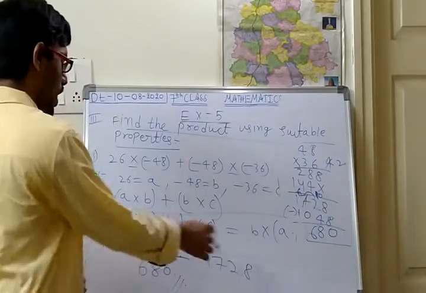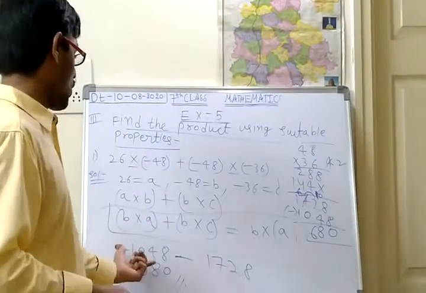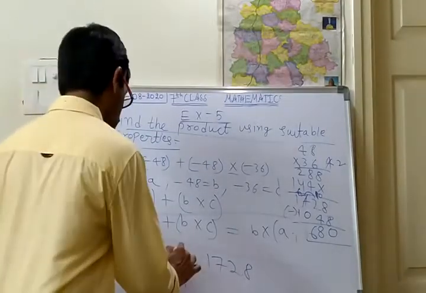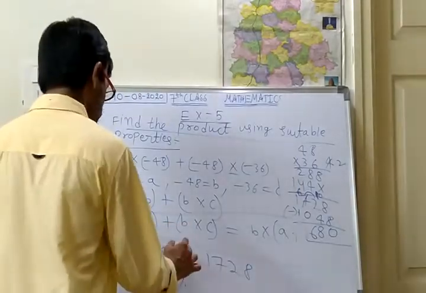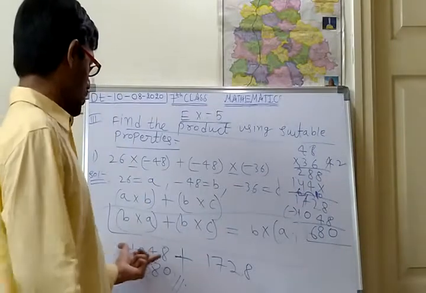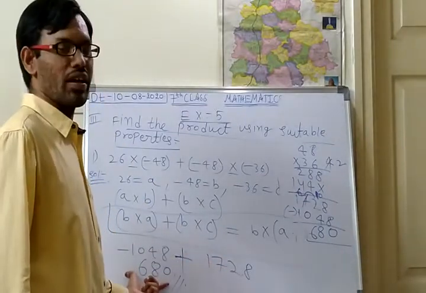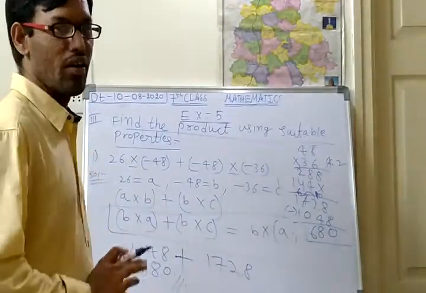If you add, the result will be in the 2000s. Both same symbols, that's why you should add. At that time the wrong result will come. So here plus only is compulsory. So 1728 minus 1048 is 680, the final answer. I hope you have understood very easily.